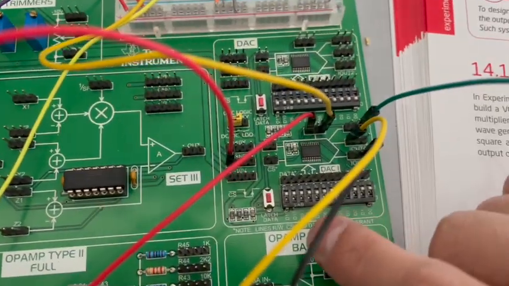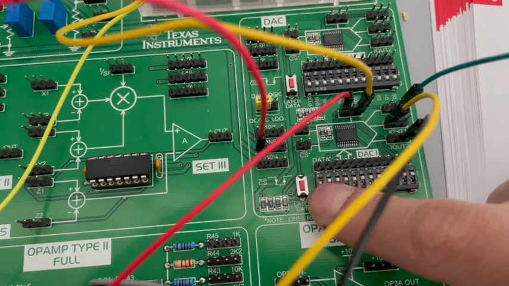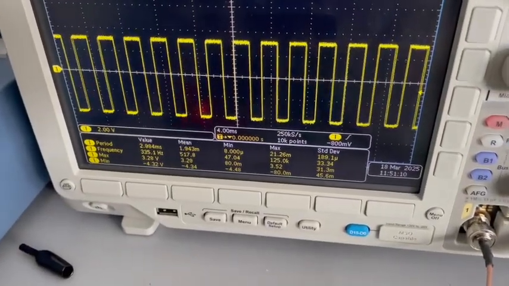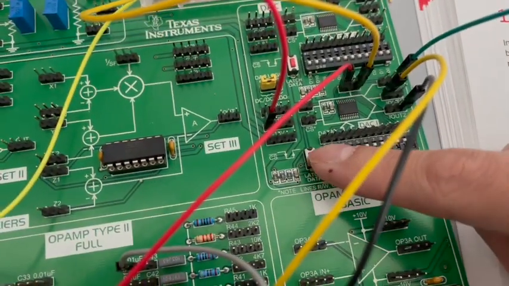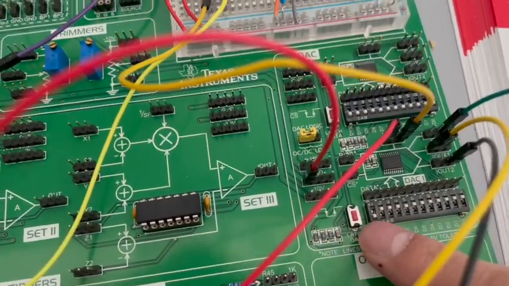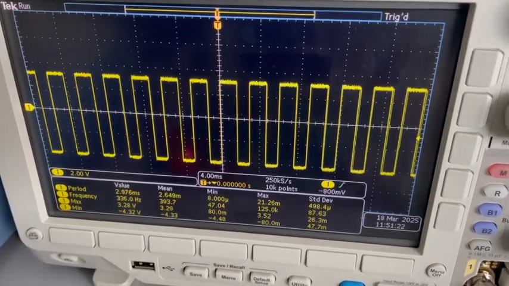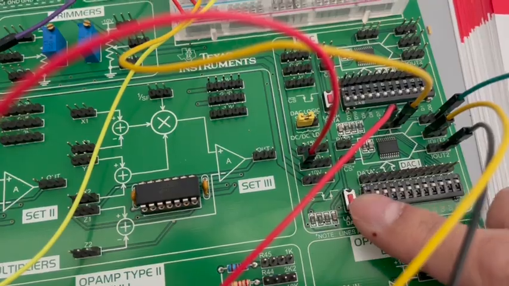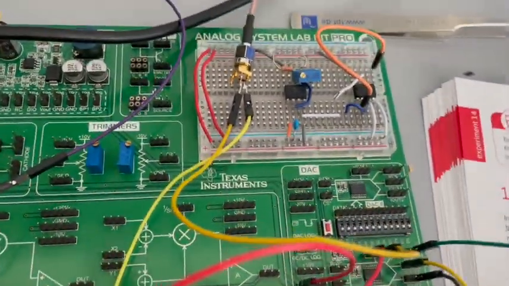Let's try to go down. Let's remove one of the ones and see what happens with the frequency. It increases. Then if I switch it back, so basically if you have 0 here, it means your frequency is decreased by 2 times.